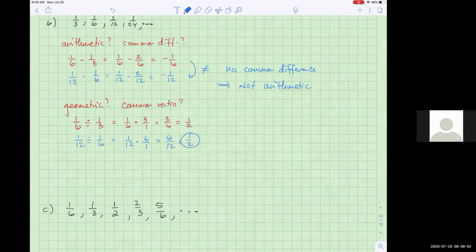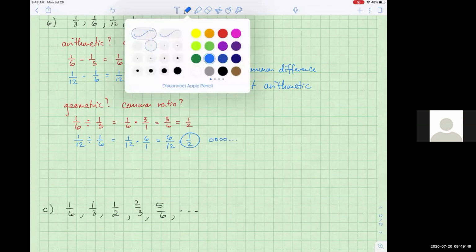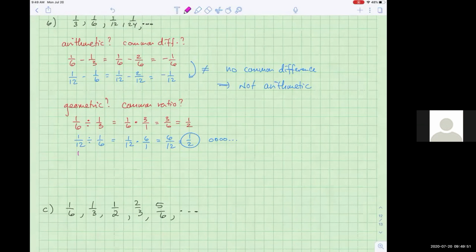Is that the same for the other terms? Let's see. Third color, let's see. 1 over 24 divided by 1 over 12 is 1 over 24 times 12 over 1, which is 12 over 24, which is also 1/2. Check.